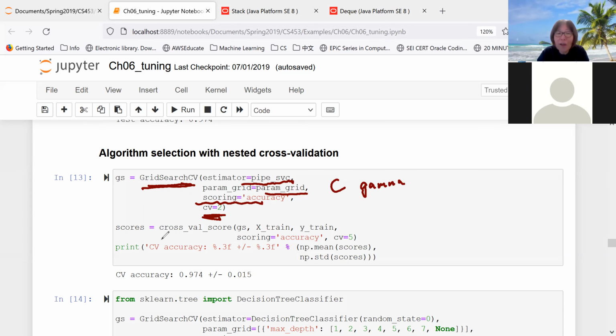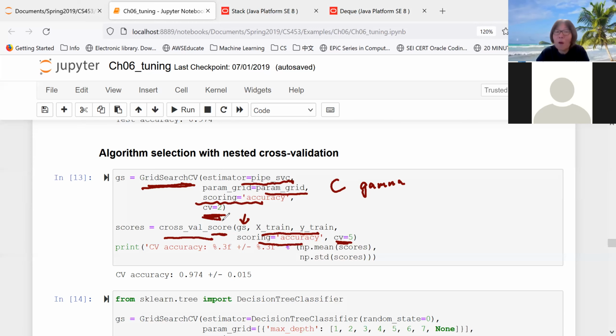After that, over here, we have cross-validation, and we can collect the score. For this one, you plug in this grid search, and it's on training. Here the scoring is accuracy, and the fold is 5.